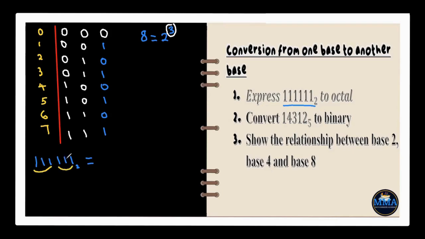The second one is 1, 1, 1. Now, which number represents 1, 1, 1? 7. So this is 7, and this is 7. So it means that this number in base 2, when you turn it to base 8, gives you 7, 7 base 8, just like we had before.